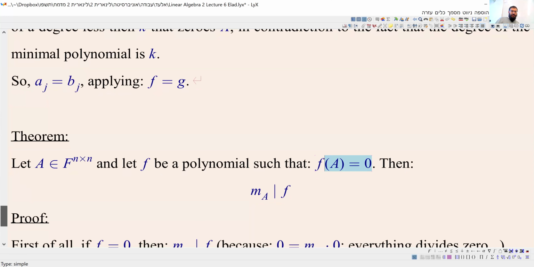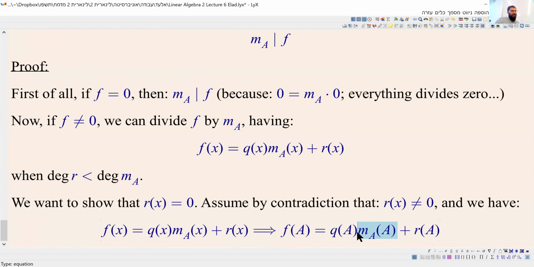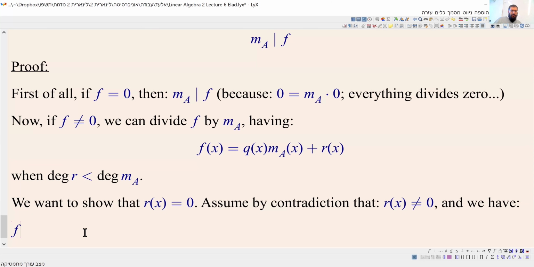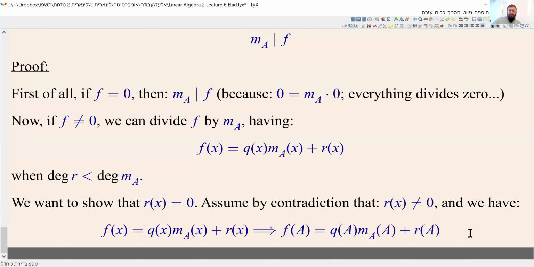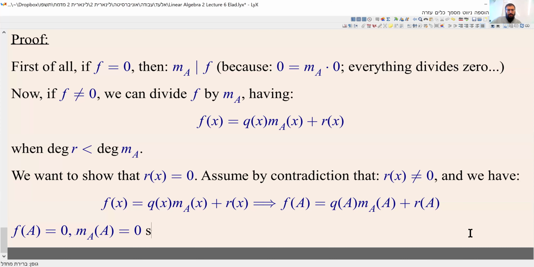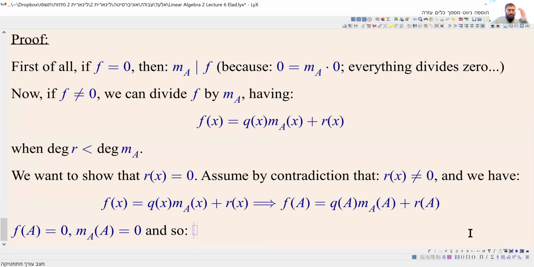On the other hand, by definition, M_A(A) is 0 as well. F(A) is 0, it's given to us. M_A(A) is 0. And so we end with 0 is R(A).